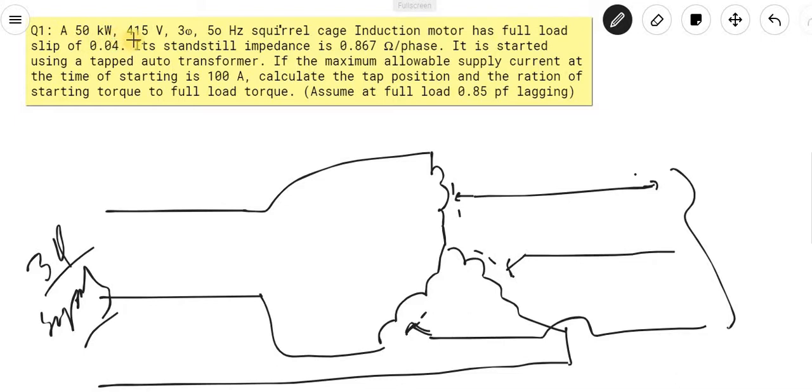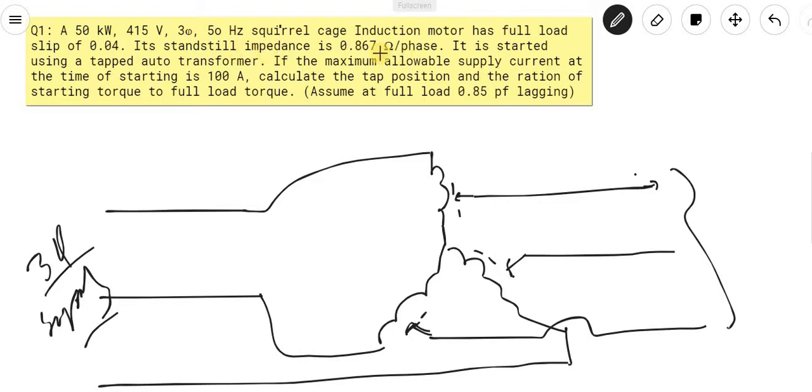A 150 kilowatt, 415 volt, three-phase, 50 hertz squirrel cage induction motor has a full load slip. Full load slip means the slip when it operates at full load speed. Its standstill impedance is 0.86 ohm per phase.